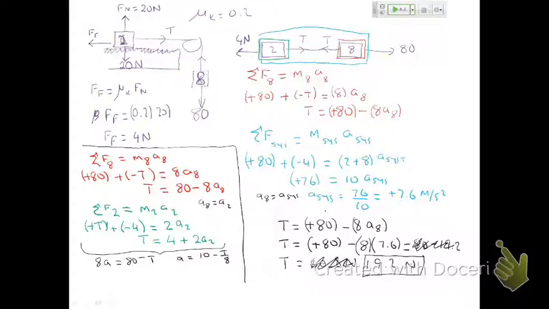And then we're going to substitute that into here. So t is equal to 4 minus 2 times 10 minus t over 8, which equals 4 minus 20 minus minus makes plus t over 4.